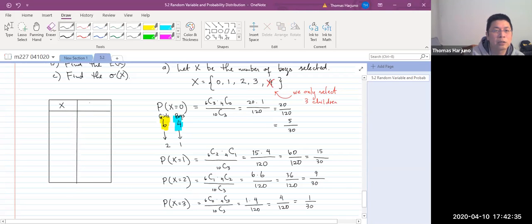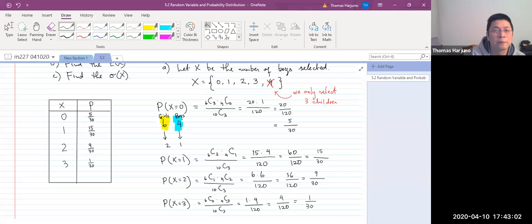this is the x, this is the p. When x equals 0, the probability is 5 over 30. When the outcome is 1, the probability is 15 over 30. The outcome is 2 boys, that's 9 over 30. 3 boys, that's 1 over 30.